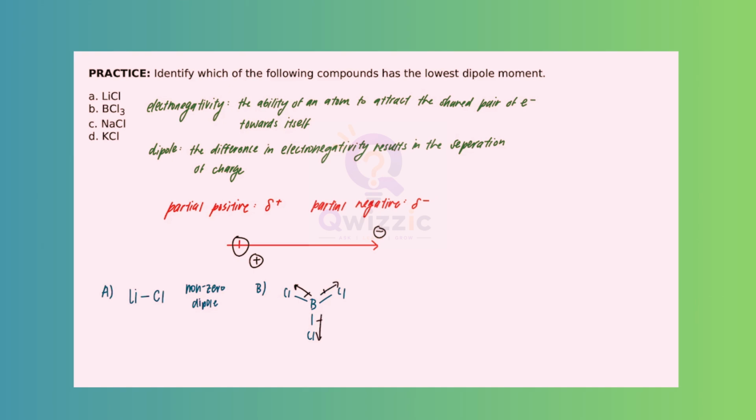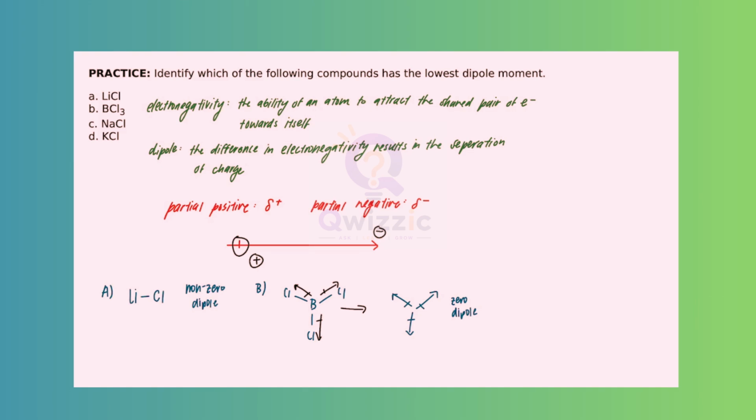To make it easier on the eyes, we can also do it outside of the structure. So again, we have a dipole going to the left, going off to the right, and one going straight down. Because these three are in opposite directions of our dipole moment, this will lead to a net dipole of 0. So we have a 0 dipole going on for option B.